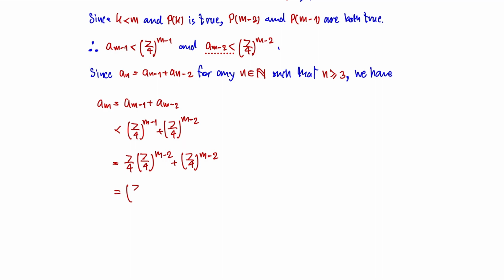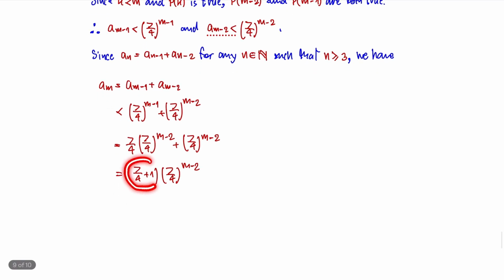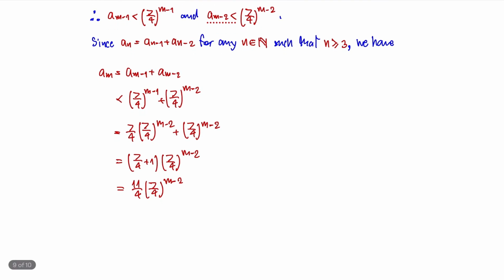So we're going to have (7/4 plus 1) times (7/4) raised to the m minus 2, and this sum is going to be 11/4 times (7/4) raised to the m minus 2. Now, I want to multiply this fraction by 4 on the numerator and the denominator, so we're going to have 44 over 16, which is equal to 11 over 4.